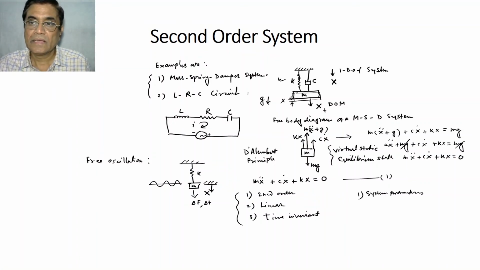For example, the mathematical formulation which we will do now cannot describe a time variant system, just like the dynamics of a missile. Why? Because the mass of that system changes with time.